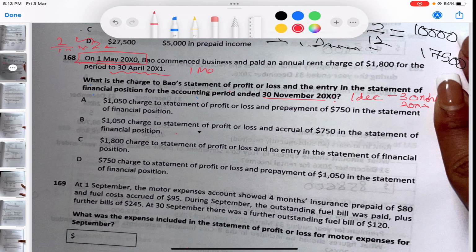So he paid for 1st May 2000 to 30 April. For this entire period he paid. But he actually started the business in May only. You're getting the point. So May to April, for the entire year rent he paid 1800. Read the question again and try to come up with the answer.